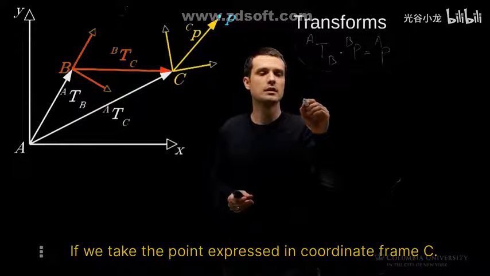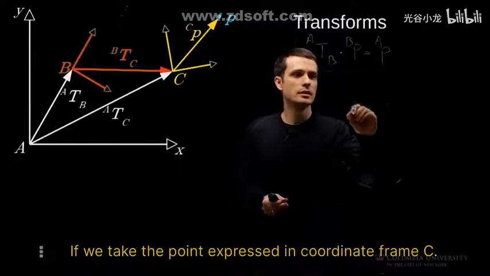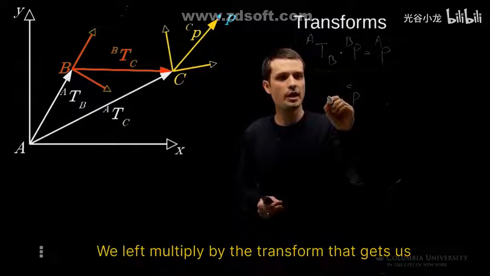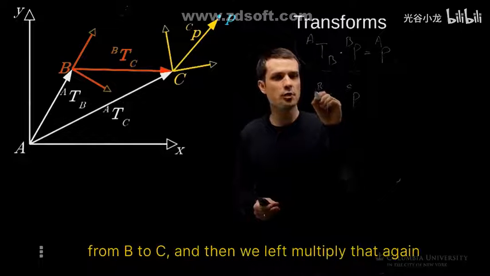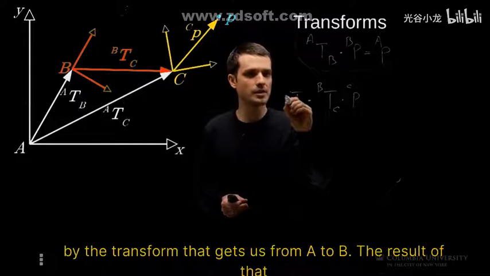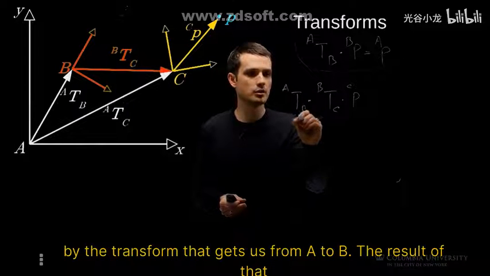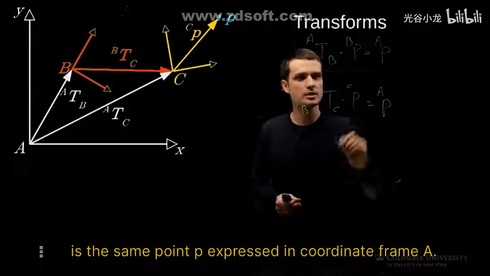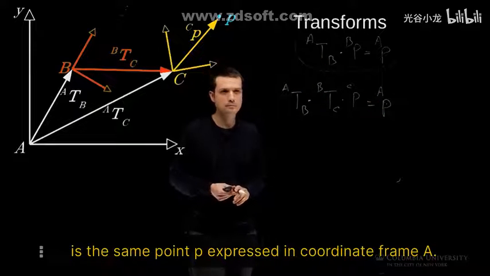If we take the point expressed in coordinate frame C, we left multiply by the transform that gets us from B to C, and then we left multiply that again by the transform that gets us from A to B. The result of that is the same point P expressed in coordinate frame A.